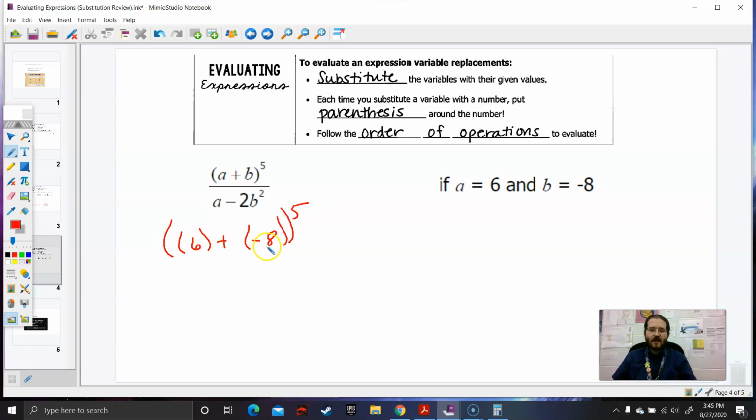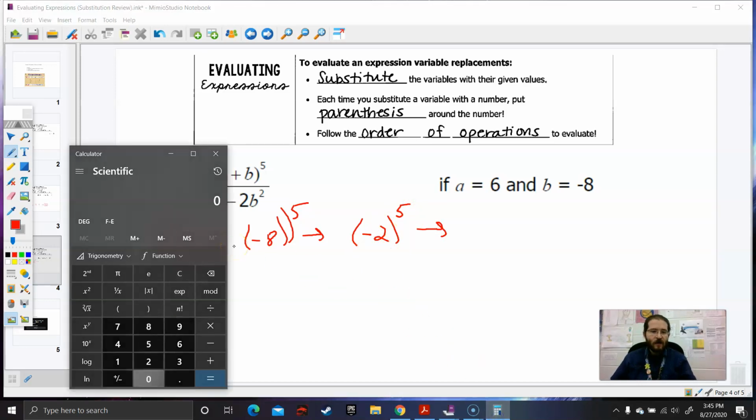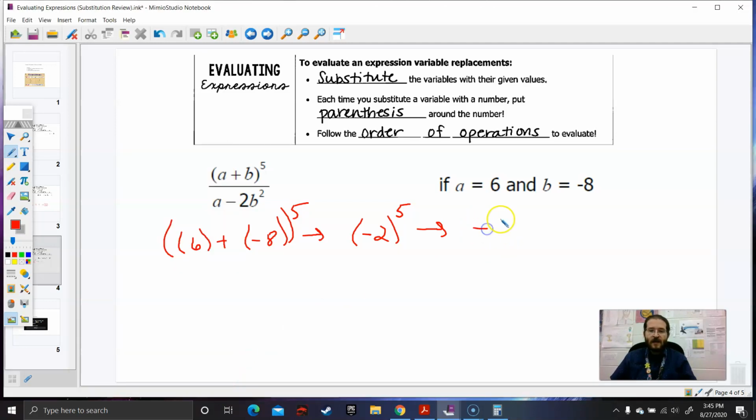So 6 plus negative 8, we get negative 2 inside our parentheses to the 5th. All right, so negative 2 to the 5th power. Check out our calculators. Negative 2 to the 5th, we get negative 32.